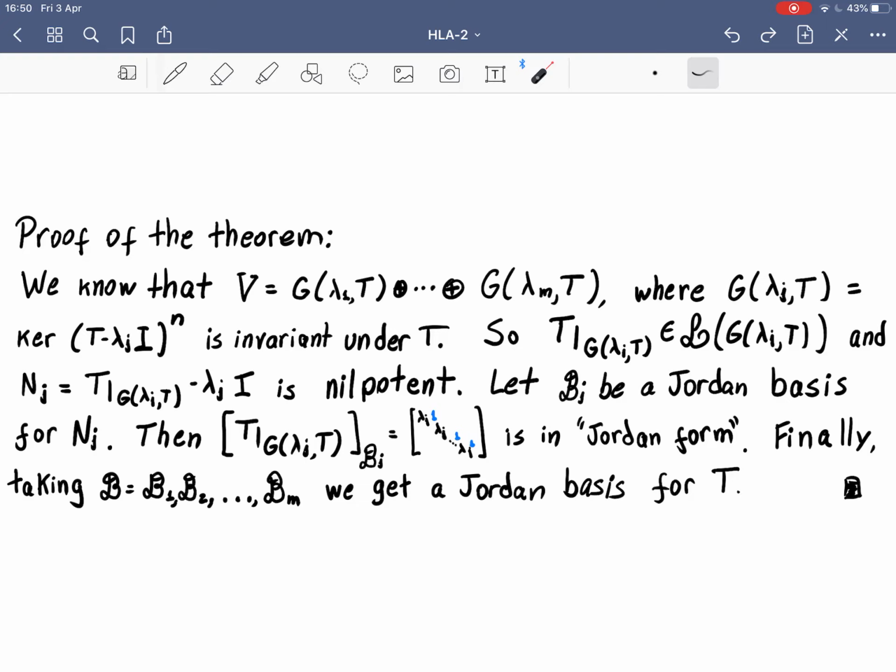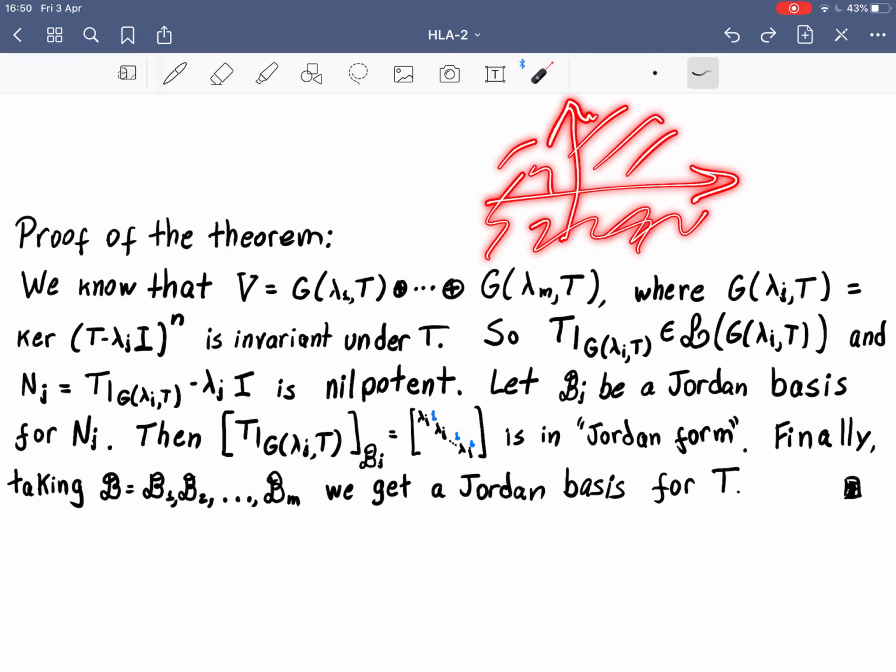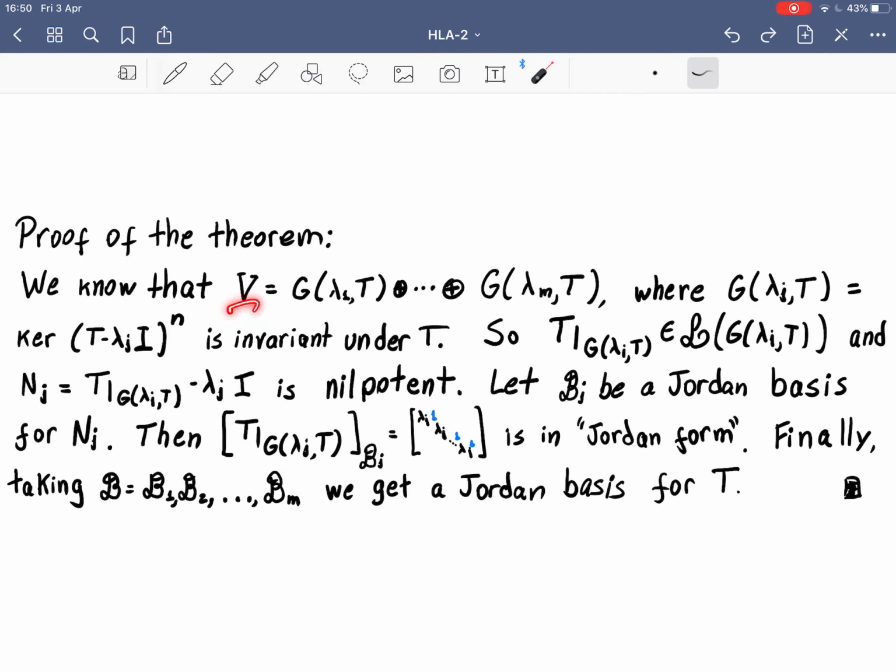Yeah? So we take some very small space here, some very small space here. When we add them, then we get everything, all the linear combinations of them. This gives V. And this is the generalized eigenspace. By definition, it is this kernel here.